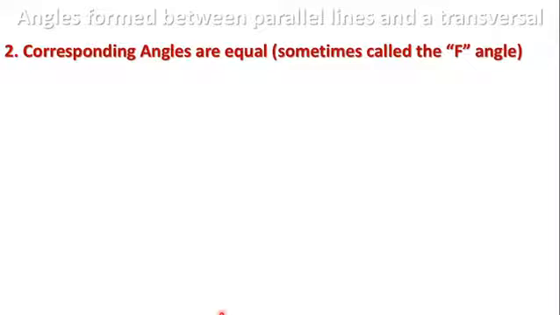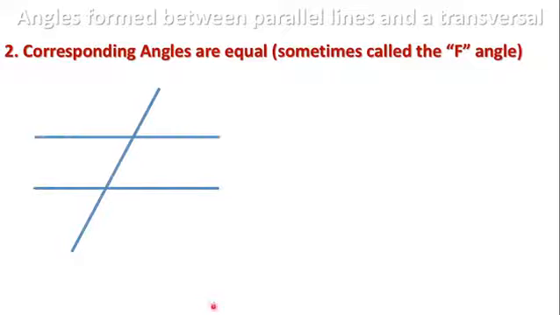And of course, you can guess the reason is because somehow you can trace an F where the angles are formed. Now we have these again, parallel lines and the transversal. Okay, and our F, if you see this line right here, and then this other one, you see this line coming here, this one going down there, and then this other one forms a giant F. Corresponding angles, most times they form the letter F.